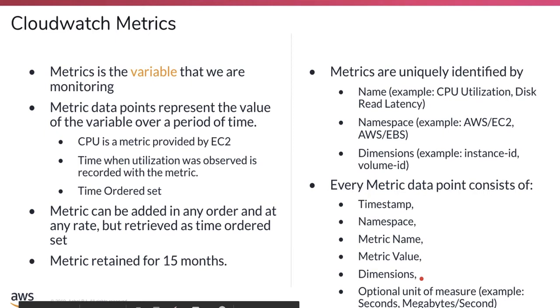A dimension can be, as I told, instance ID or volume ID, or many other dimensions. There is also an optional unit of measure, which can be something in terms of seconds, megabytes, and more.